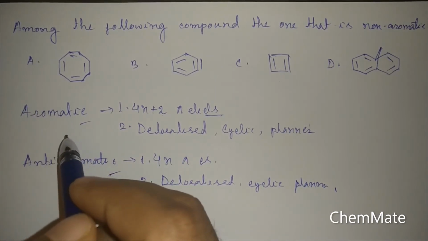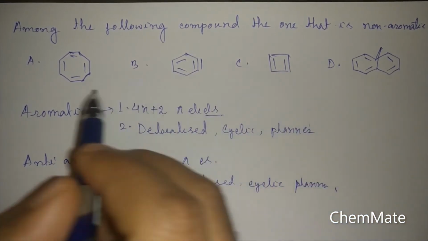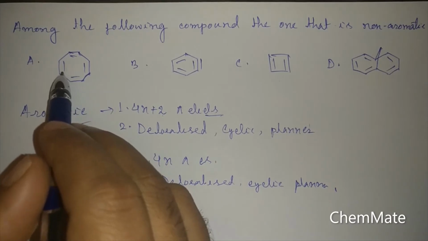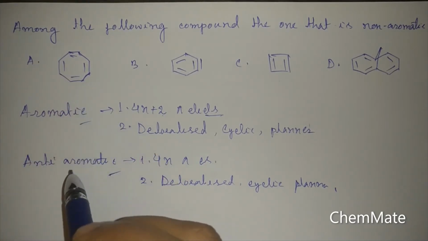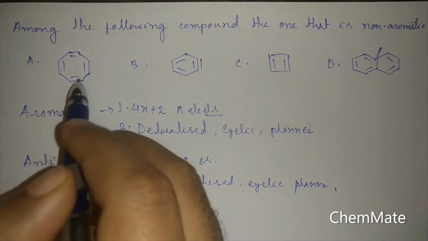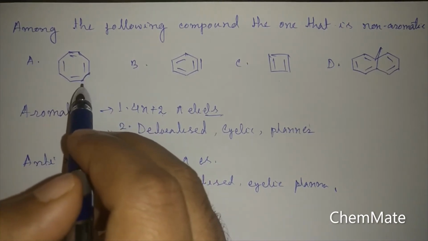Now here between these four compounds, this is cyclooctatetraene. This has 4 pi electrons and it is a planar cyclic conjugated system, so it should be an anti-aromatic compound.